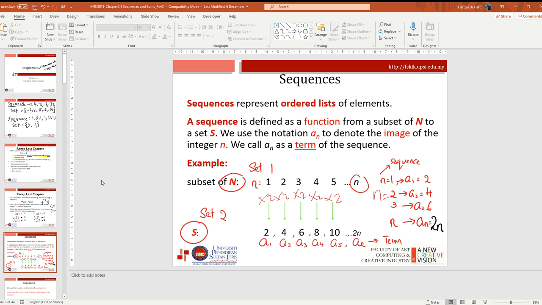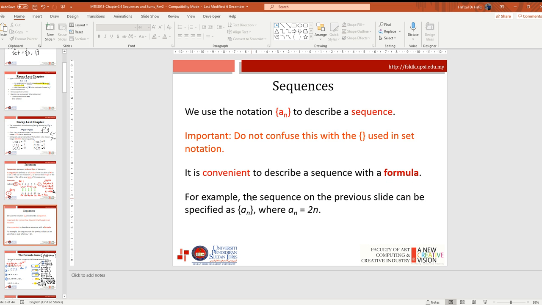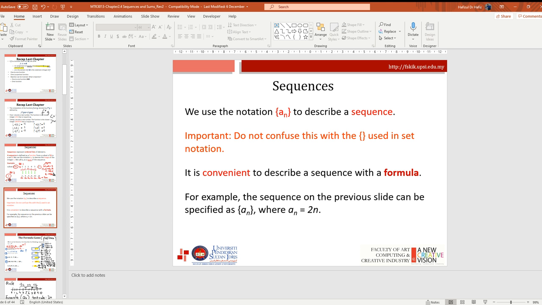A sequence is a collection of objects which repeat each time. As you can see here, we have set 2, with a1, a2, a3, a4, a5, and an for the terms. And then we have sequences. We use the notation {a_n} to describe a sequence.